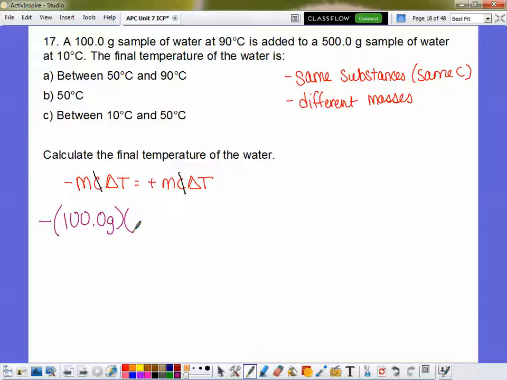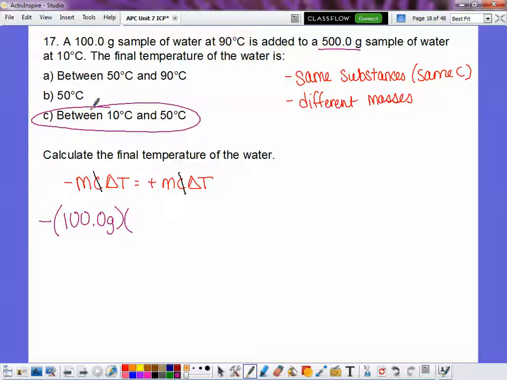So if you look, we have 100 grams at 90 and 500 grams at 10. Where do we predict the final temperature of the water mixture to be? Between 10 and 50. And the reason why is because we have more of the 10-degree water. There's 5 times as much of the 10-degree water than there is of the 90-degree water. So the final temperature should be between 10 and 50.